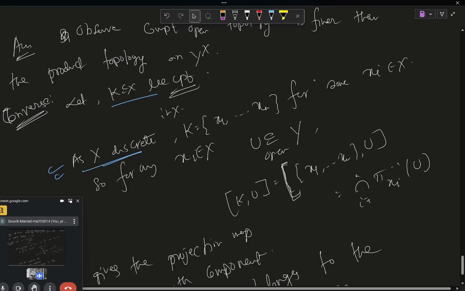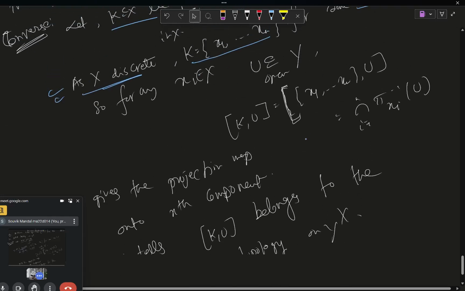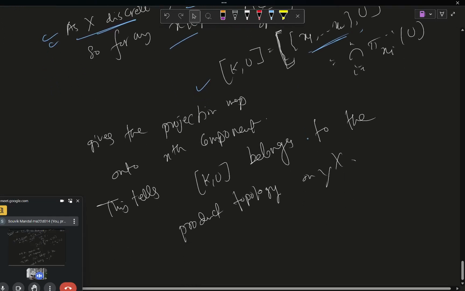As X is discrete, K is equal to {x1, x2, ..., xn} for some xi belonging to X. So for any open subset U of Y, [K, U] is equal to the intersection over x1, x2, ..., xn of the inverse images of U, and this gives a projection onto the X component. This tells us [K, U] belongs to the product topology of Y to the power X. So this is the full argument.